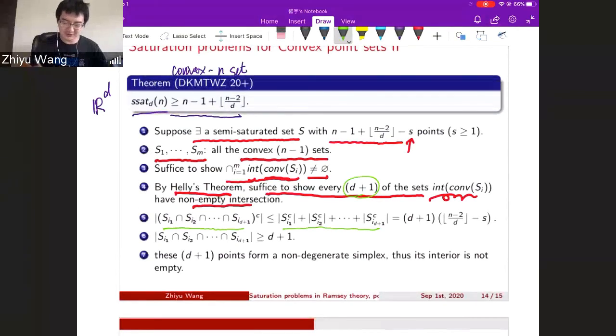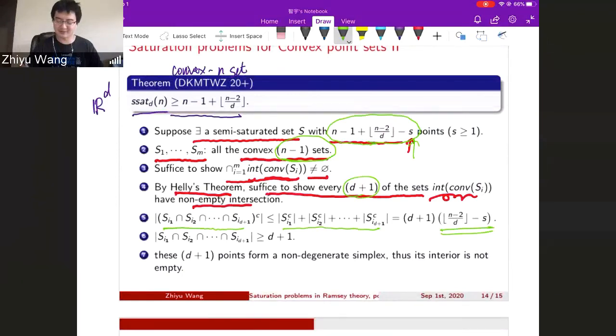Because we only have n minus d plus the ceiling of (n minus 2) over d, minus s points, and each S_i has n minus 1 points since it's an (n minus 1)-set, the complements will each have at most this many, the ceiling of (n minus 2) over d minus s, points.